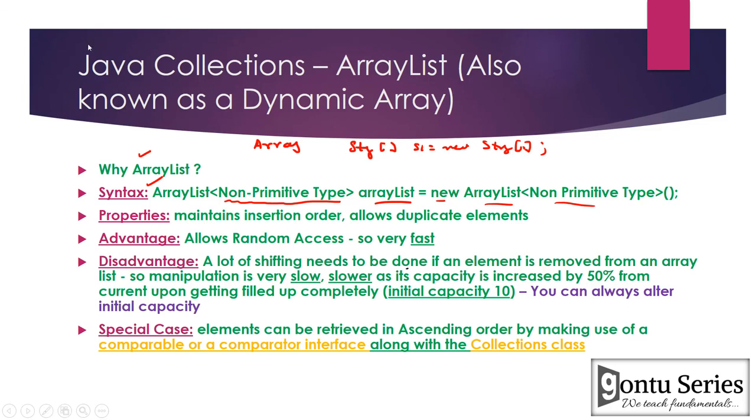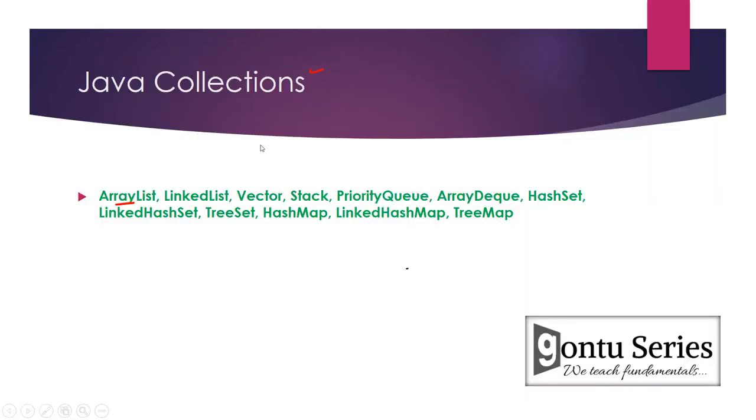So this is what an array list is all about. Guys, when I say Java collections, the only thing that you have to learn in this whole topic is array list. In the next session, you will observe that I'll cover the rest of the collections very quickly.